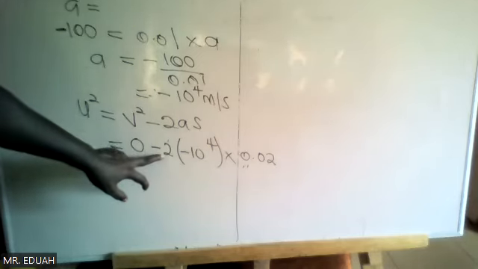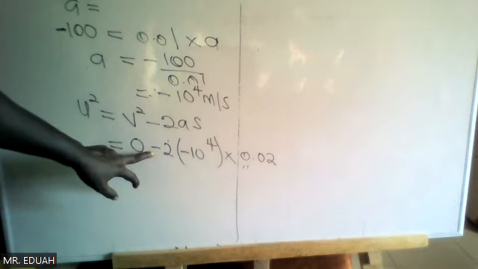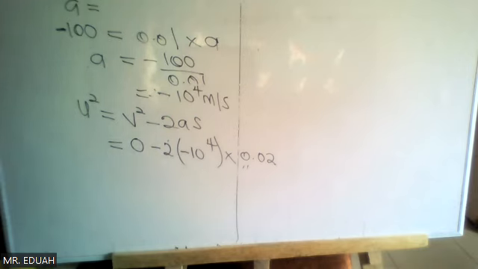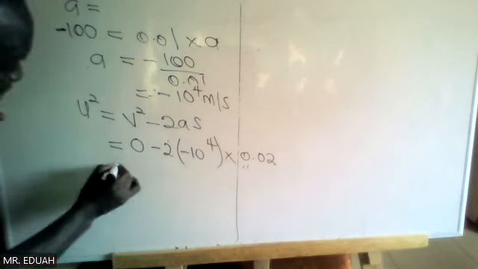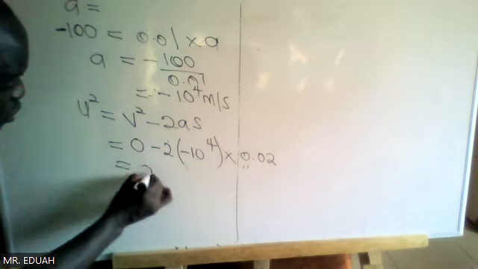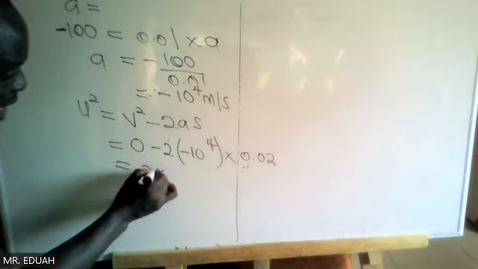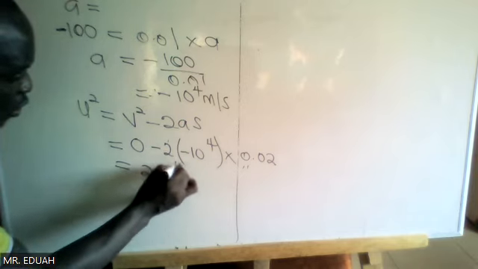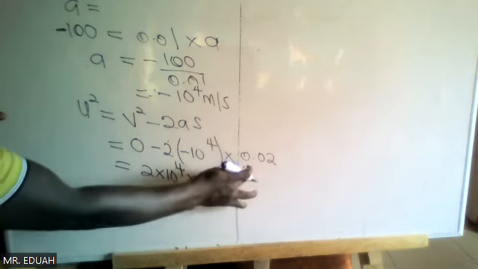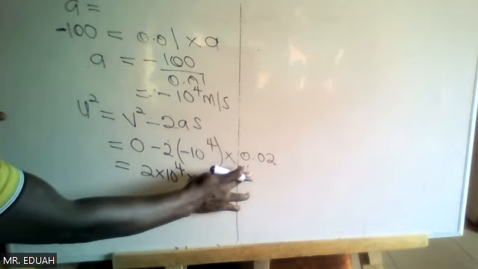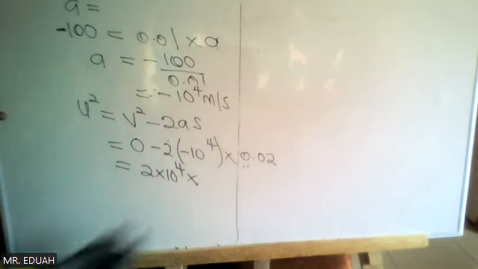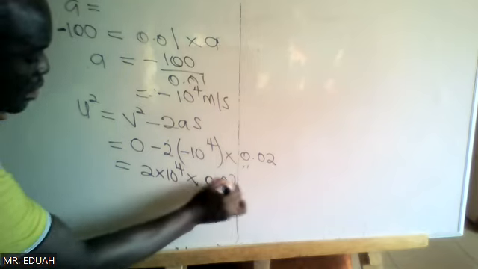But in the last step you just explained, you were using the X to divide negative 2A. You see, let's do it. This is giving us positive. This is 2 times 10 to the power 4. This is 2 centimeter. 2 centimeter is 0.02. Yes, please.